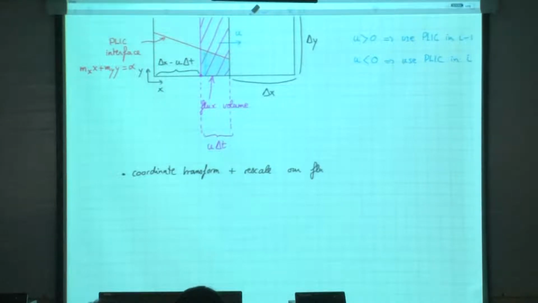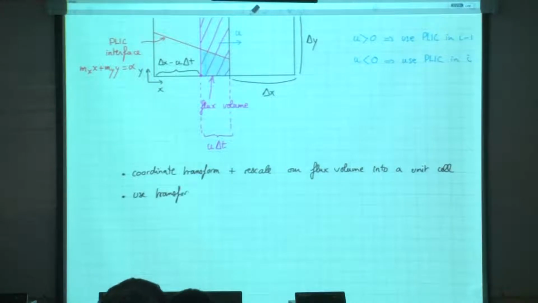Our flux volume goes into a unit cell, and we use our resulting transformed PLIC. So we have this small little rectangle, we stretch it back into a unit cell. In the process, we equivalently stretch and deform our plane. And now we make use of our forward relation and we're done.